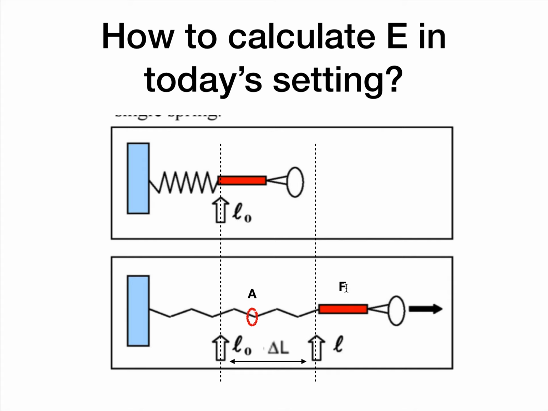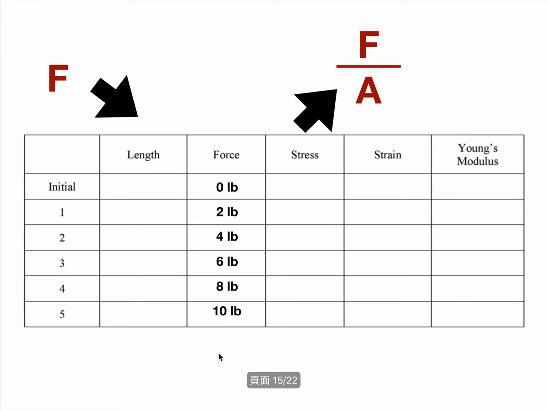So you use the force you saw on the scale, divided by the cross-sectional area. You get stress. And also, we use the delta L, which is the change in length, divided by the original length. You can get strain, right? Remember the two equations. Okay, so that's how we calculate Young's modulus in today's setting.